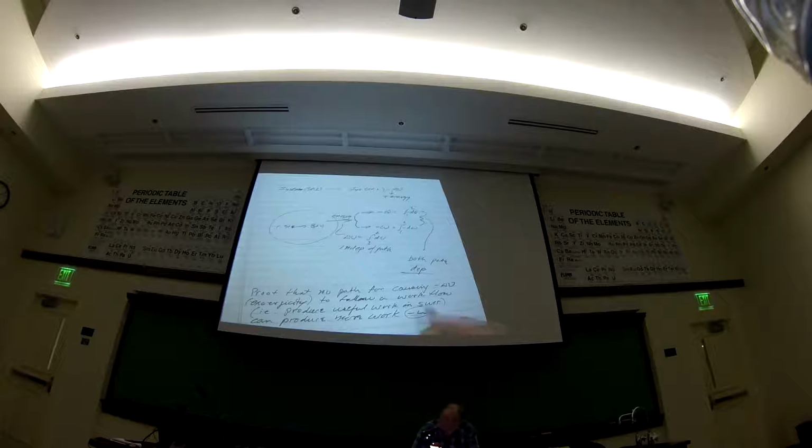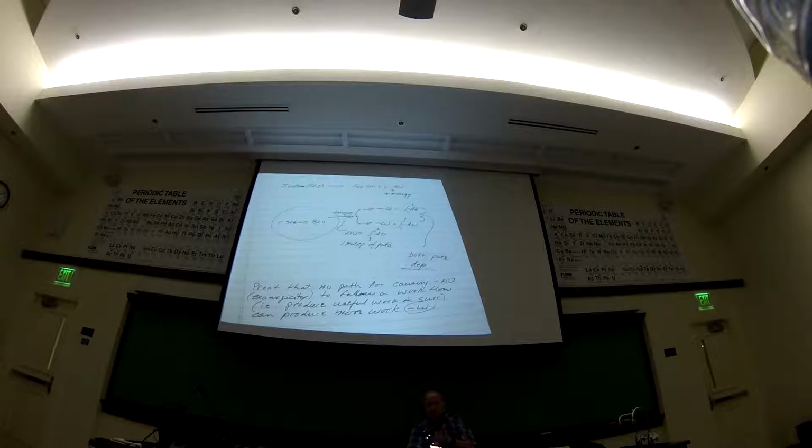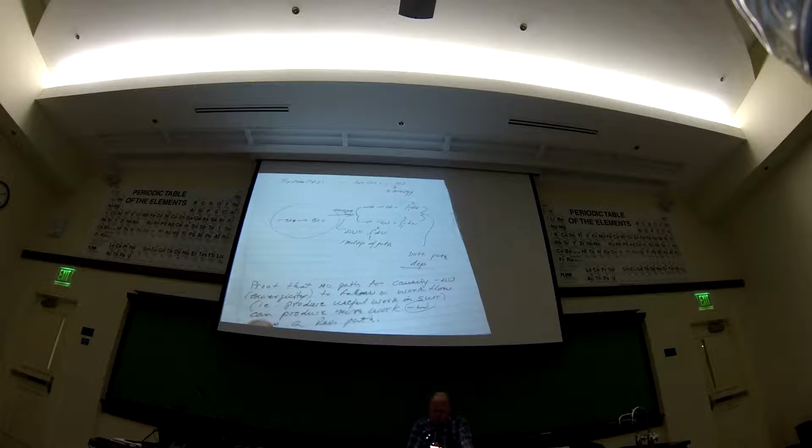I apologize for this, that's minus W. That's just because some nitwits think you get constructed with language. Usual work is minus W. No path can produce more of that in the surroundings than a reversible path. But that's the idea. It sort of makes sense, and intuitively we might think that was the right case, but we need to put it on a sounder basis than just our intuition.